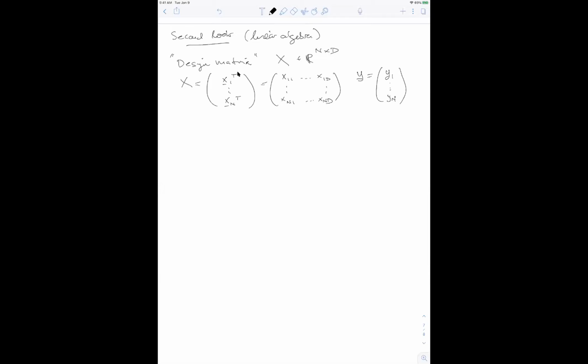Okay, so once I've done that, it's very convenient because I can write my loss function, my loss criterion L, linear algebraically like this. Let me explain why. Again, this Y contains the target values for each of my examples. So the first entry is the target value for example 1.